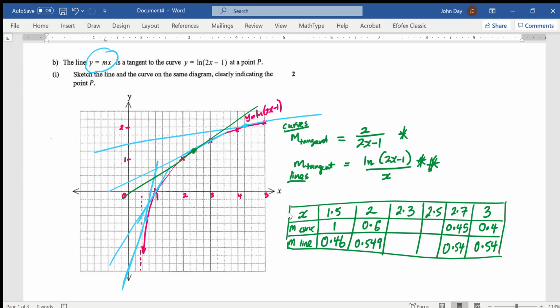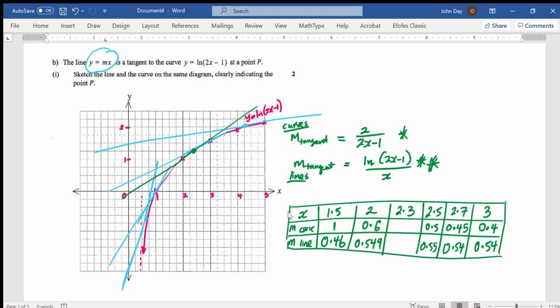Okay, let's go back to 2.5. So that's half, and that's natural log of 4 divided by 2.5, and I get 0.55. So you can see that I'm starting to get closest to it, and I think 2.3 is looking pretty good.